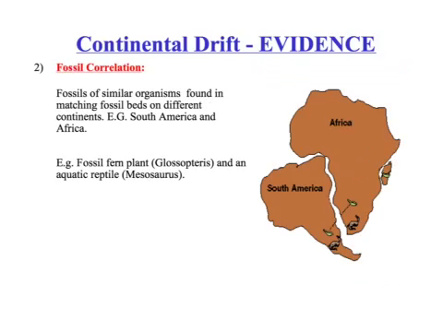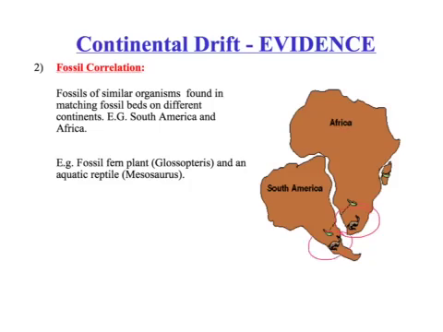He also did fossil correlation, and if you think about kangaroos, they only live in Australia. They only live in Australia because Australia is not connected to any other piece of land. So when he did fossil correlation, he noticed that there were Mesosaurus, which basically is a large reptile. He noticed that they could be found in South Africa, and they could also be found in Argentina and Uruguay.